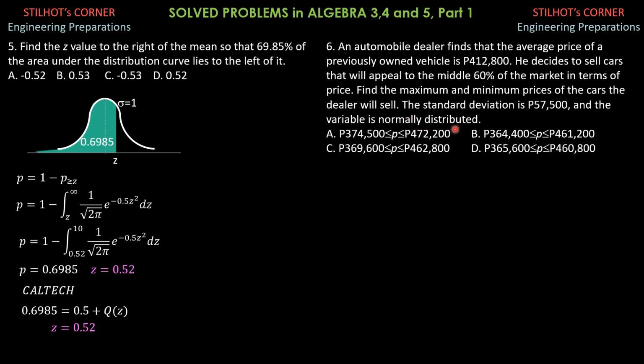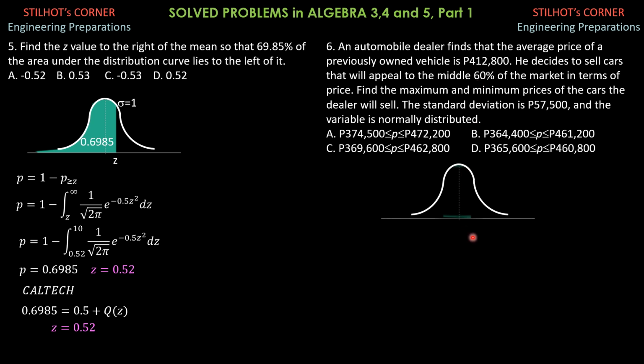So this time we still use calculator, and we'll find the z-score corresponding to, because this is the middle 60%, so meaning to say just to the left and just to the right of the mean would be 30% or 0.3.